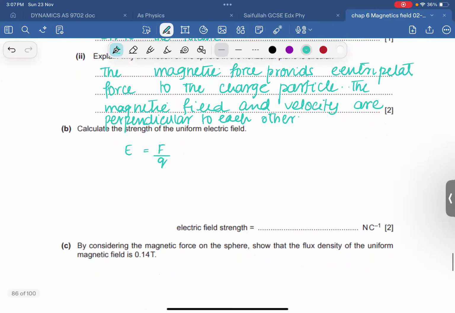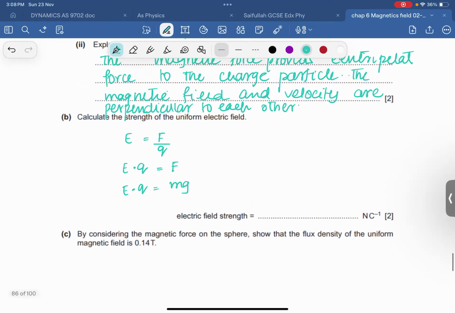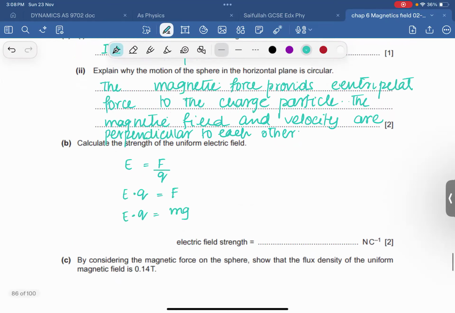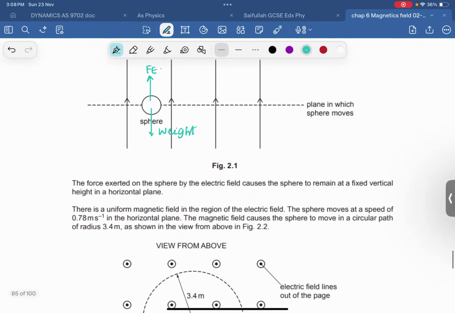So E times Q is equal to F, and this F will provide you with... Because of the electric field and electric force, this is the direction of the weight, and this is the direction of the electric force, Fe, right?